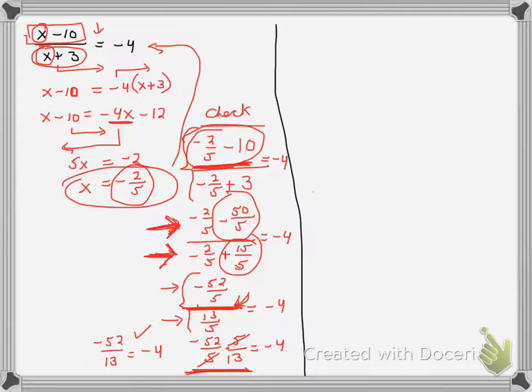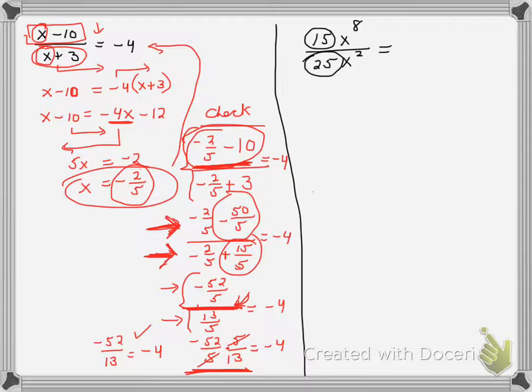There's going to kind of be 3 stages. The first stage would be if we had a monomial over a monomial. And so how would I simplify that? Well, I first look at the number part, and I say, what's the biggest number that can divide evenly into both of those?